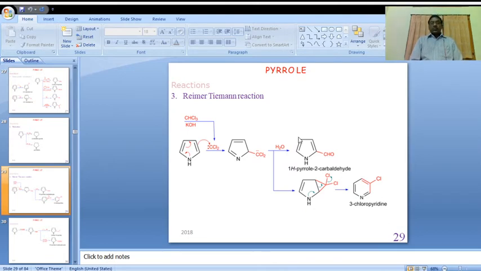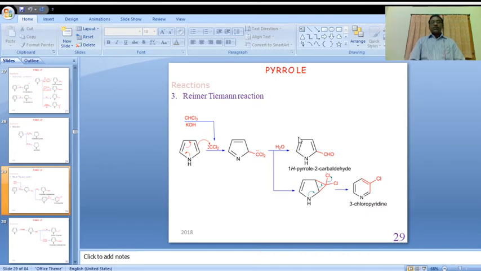Now let us go to the special reactions like the Reimer-Tiemann reaction. In this reaction, pyrrole reacts with chloroform in presence of potassium hydroxide.